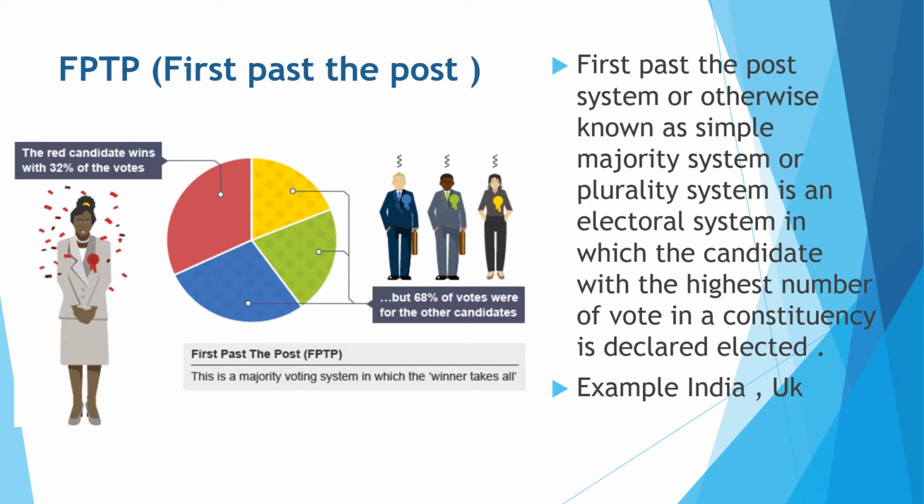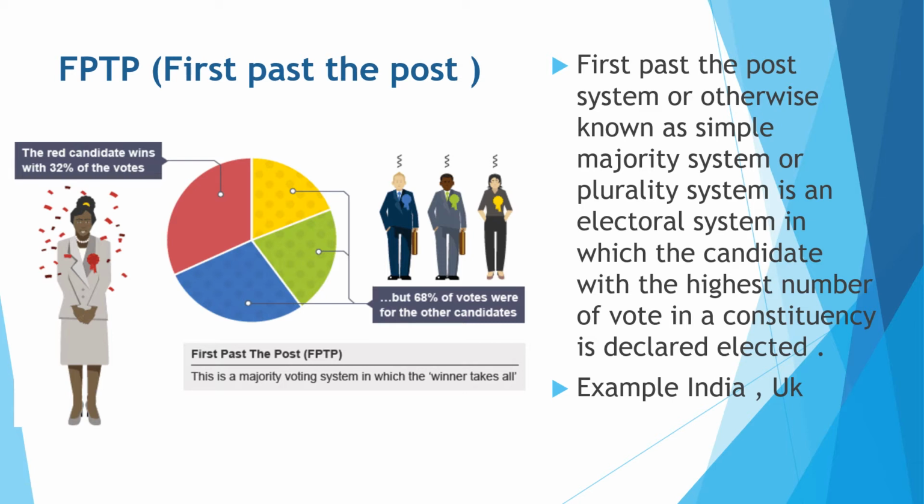So the FPTP system basically sets on the majority criteria. Like in a country of 100% voters, if one candidate gets more than 50% of votes, then that candidate must win.